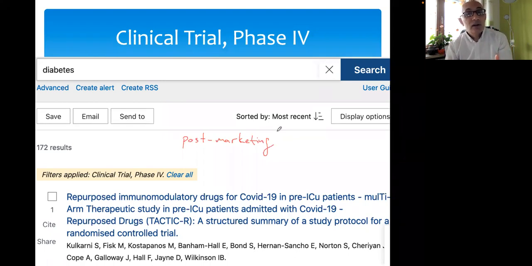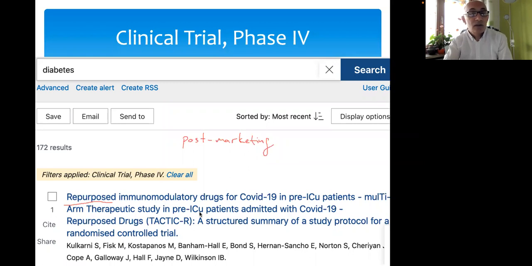If you are conducting a clinical study on human beings with a medication already approved to be in the market, and you want to see some other benefits, looking for maybe some other indications of use, then we call this a phase 4 study. Repurposed uses, you see, repurposed, another purpose.